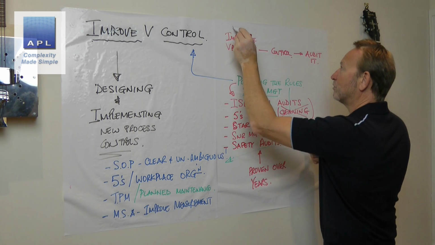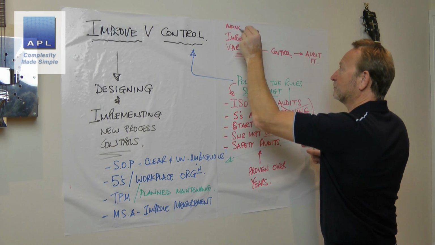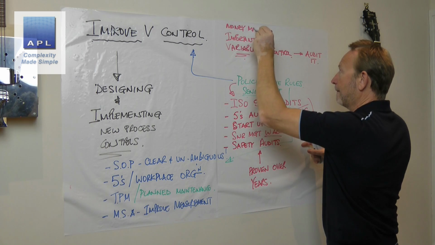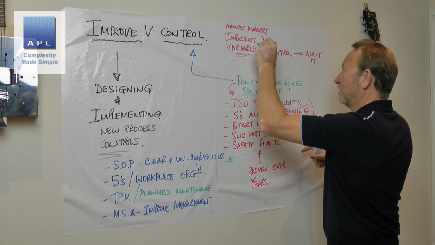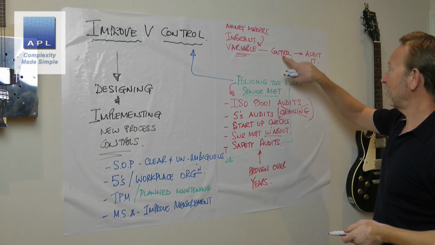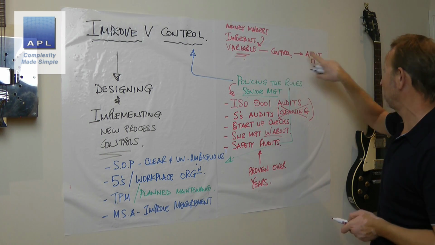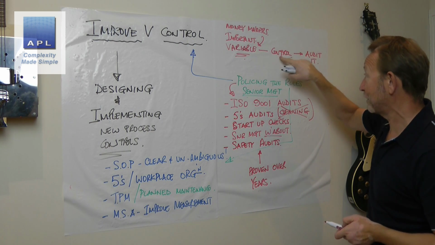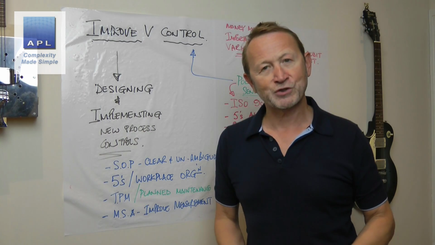So I've got an important, this is where these are the money makers. Okay, so if I've got an important money maker and I control it instantaneously, I'm going to make more money. Then what do I do? I audit the crap out of the things that make more money. That's how it's all supposed to work.